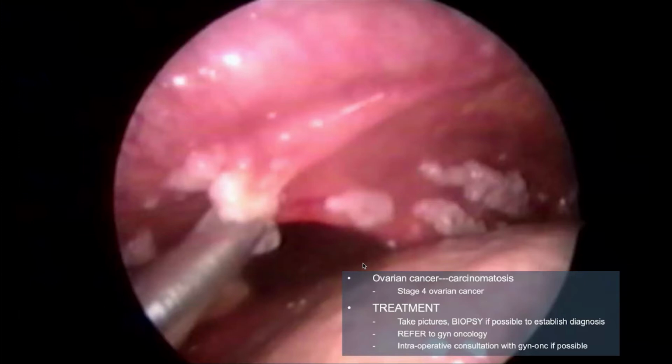Number two, if you see somewhere where it can be easily biopsied, that can be helpful to establish the carcinoma. Also to get pictures of the ovaries if possible, because the ovaries and fallopian tubes would be its most likely etiology. If those are normal, we might suspect more of a primary peritoneal cancer. Refer this patient to gynecology and intraoperative consultation with gynecology if possible.